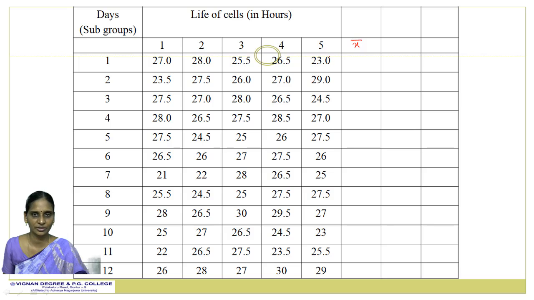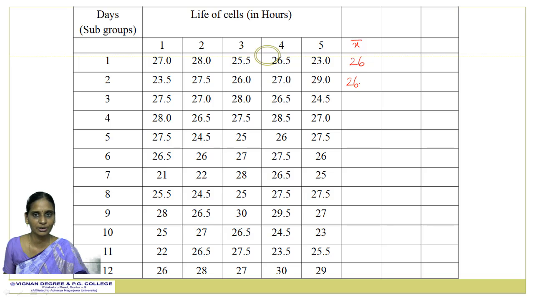The sum of the observations in that sample divided by the number of observations. The first sample observations are 27, 28, 25.5, 26.5 and 23. We have to add those 5 values and divide by 5. We get 26.